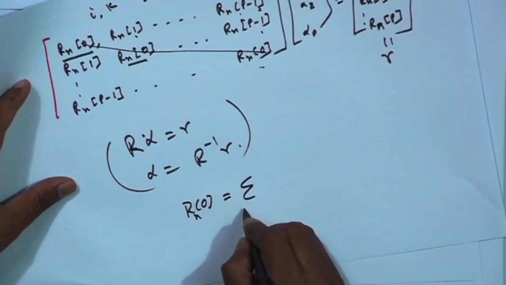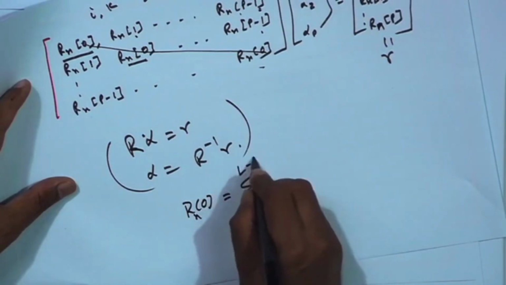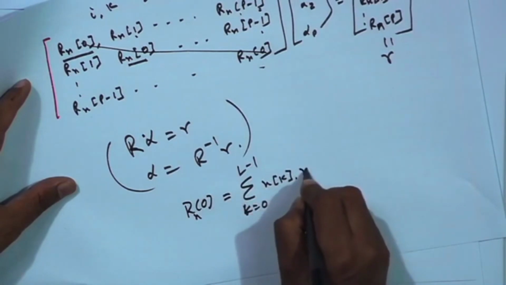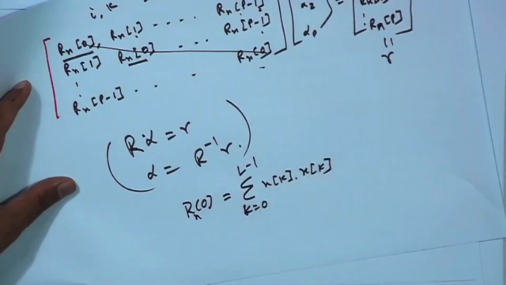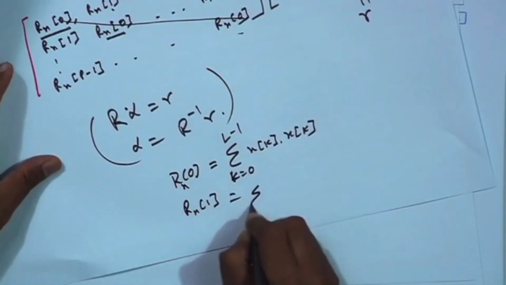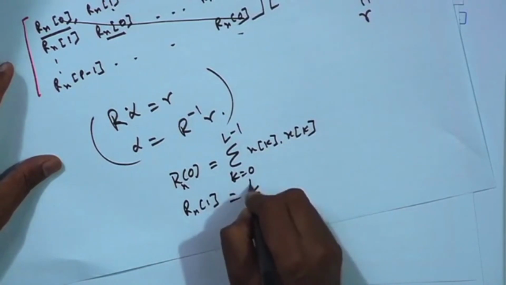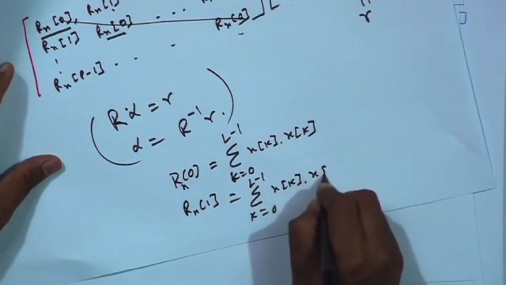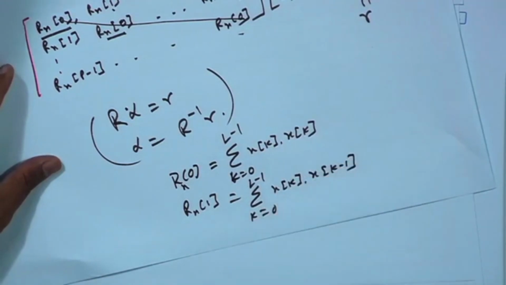If it is L number of samples, R_n(0) is the sum from k equal to 0 to L minus 1 of x(k) into x(k). Now, what is R_n(1)? It is the sum from k equal to 0 to L minus 1 of x(k) into x(k minus 1).